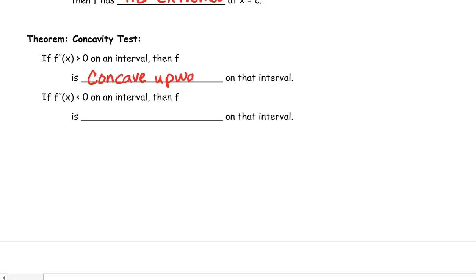And if the second derivative is negative, then that means that f prime is decreasing. That means the slopes of f are decreasing. So that means that f is concave downward. So we want to make sure that you know all of those relationships.